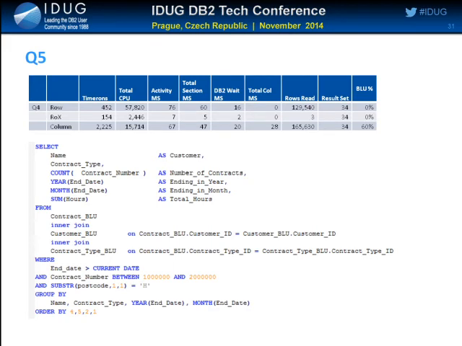Q5, it's gone up to 65% in blue, but again, that seems a little low considering all the tables are now column organised. The estimate has got slightly worse, if anything, and the CPU has actually got much worse than the row-based with an index there.